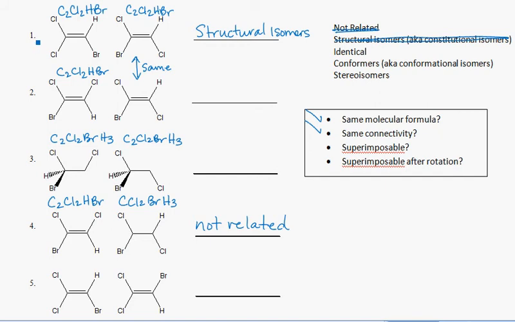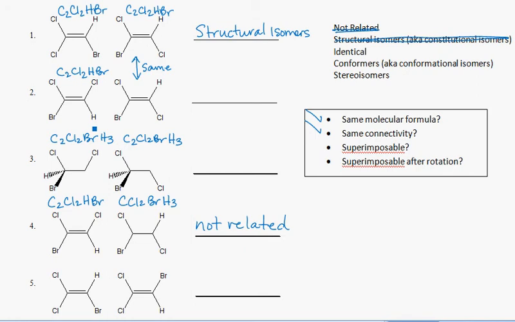We'll skip pair number 1 because we've already identified it. If we look at number 2, if we try to pick the first molecule in number 2 up and put it on top of the second molecule, the hydrogen and the chlorine will not match up. So those are not superimposable.